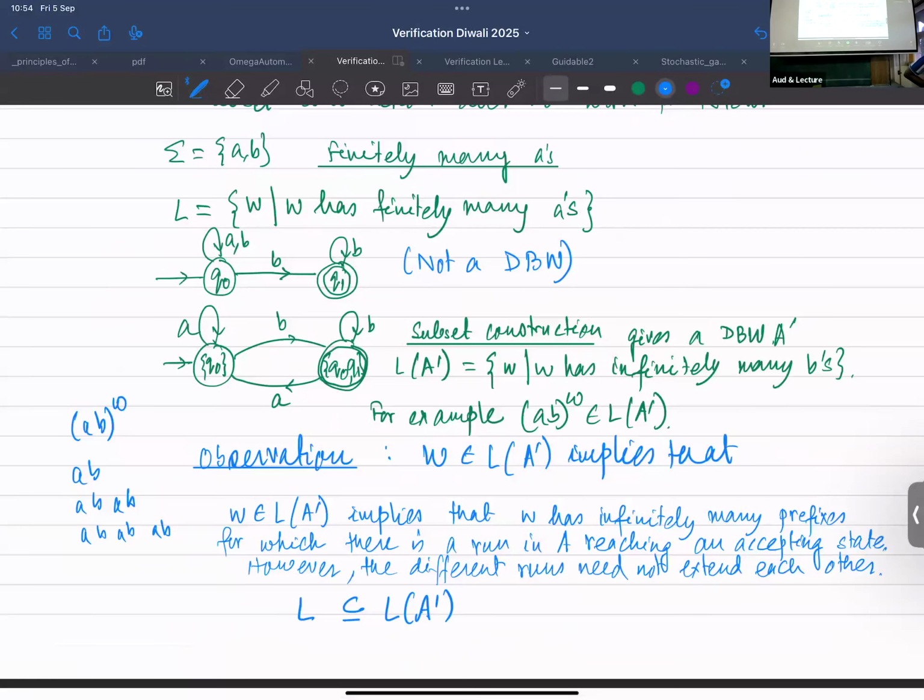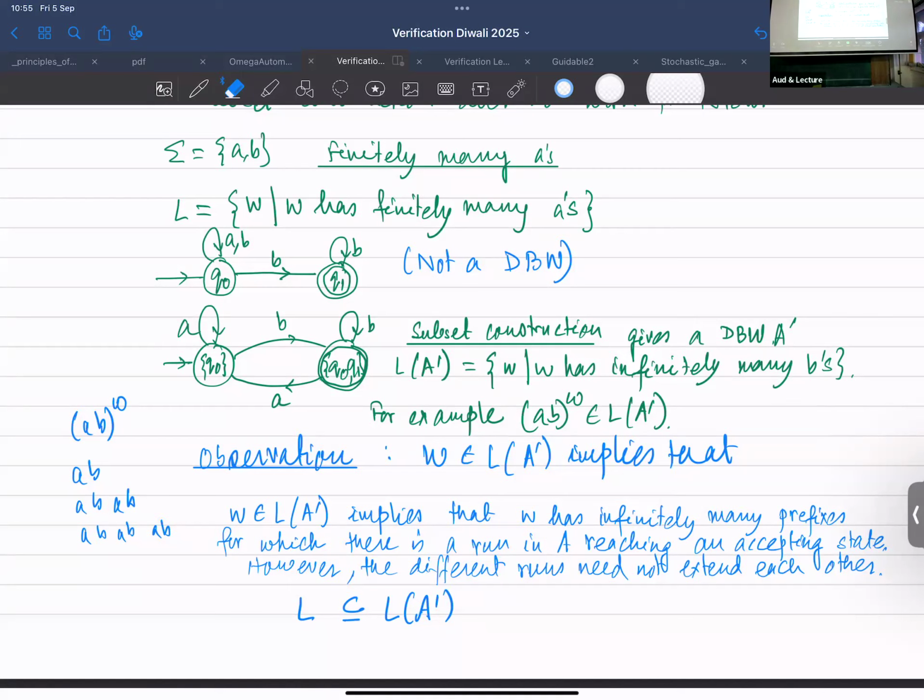What I'm trying to say is that if, instead of a DBW, I consider an NBW, and consider the underlying automaton, you have a regular language from that NBW.